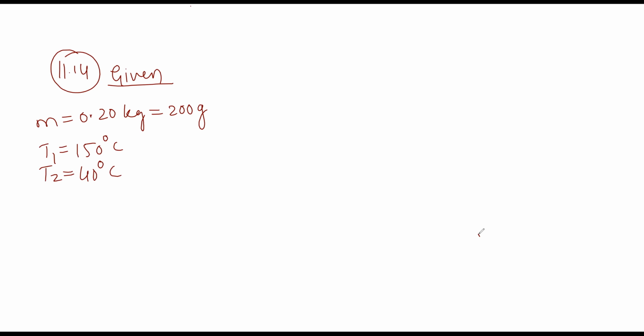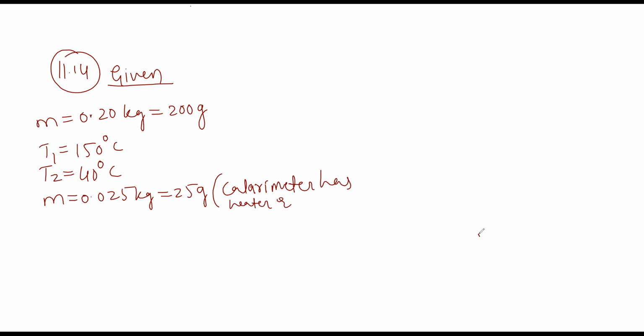Calorimeter has a water equivalent of mass m equal to 0.025 kg, or if you convert into grams, 25 grams. What is this? If you don't know, you can write: the calorimeter has water equivalent mass.